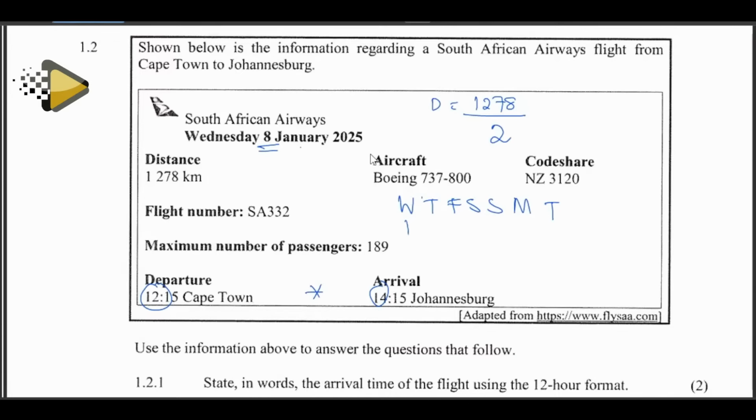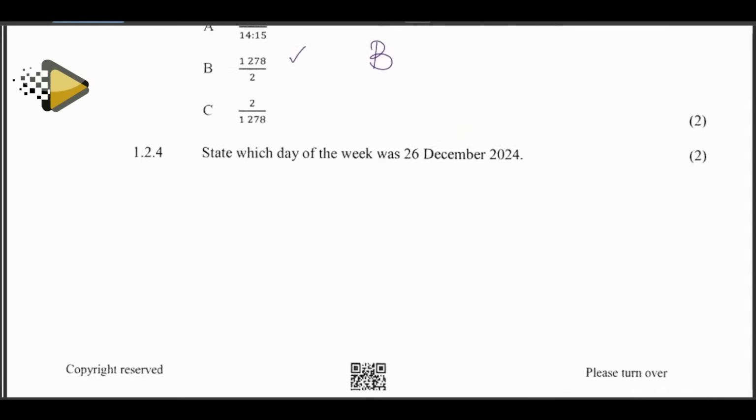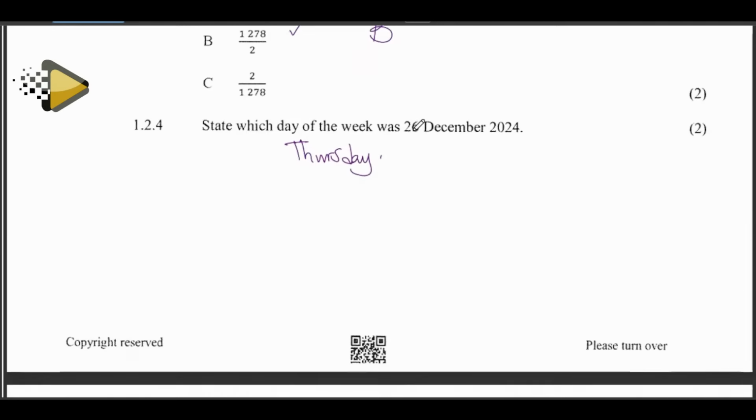If last week it was the 1st, that means this was the 31st, 30th, 29th, 28th, 27th, and then 1, 2, 3, 4, 5, 6, and 26. So 26 was a Thursday. Which day of the week? It was a Thursday. Okay.